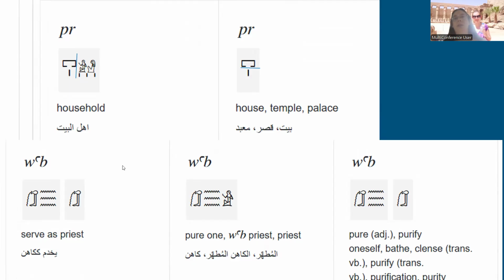And then we have wab, which, depending on the context, can either be a verb meaning to serve as a priest or to make pure, or the word for a priest.